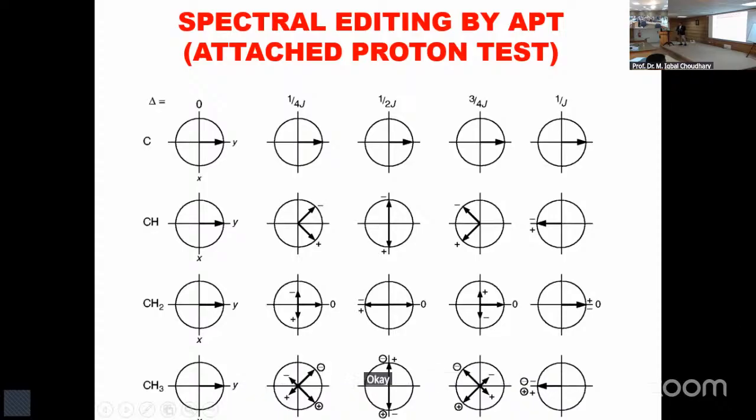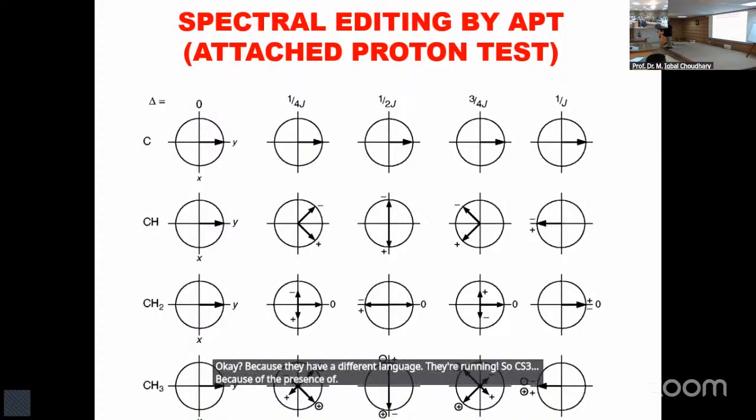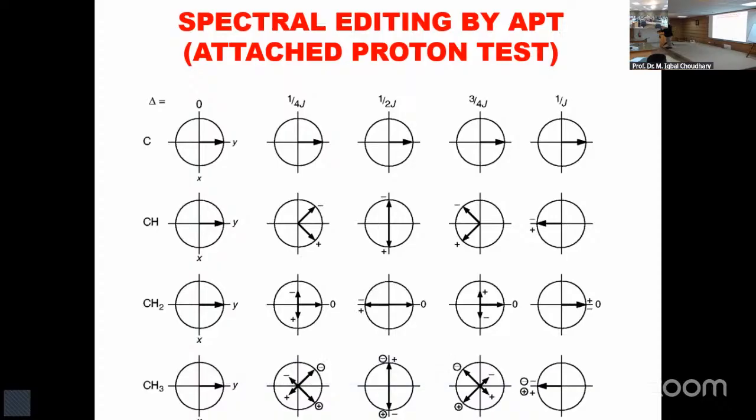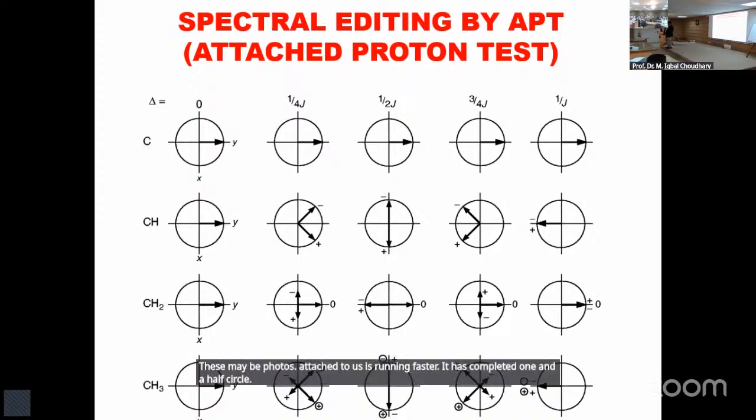Okay? Because they have a different Larmor frequency. They are running. So CH3, because of the presence of 3 neighboring protons, attached protons, is running faster; it has completed 1.5 circles, right?